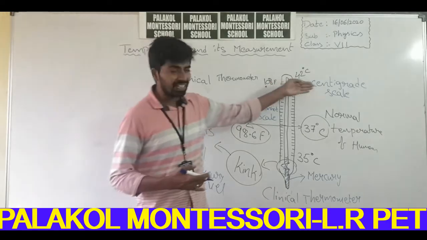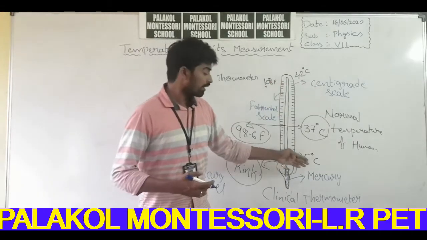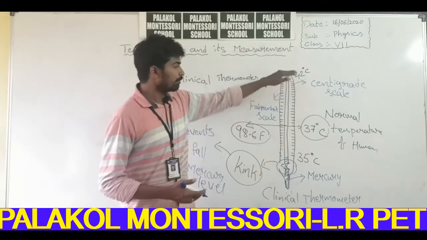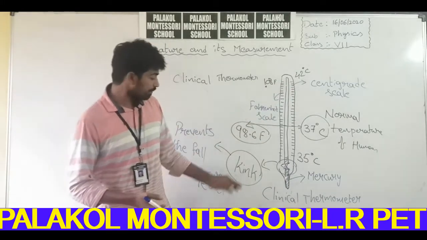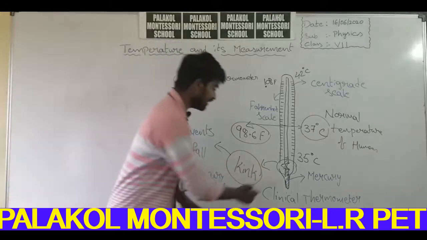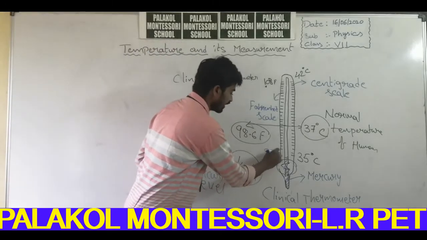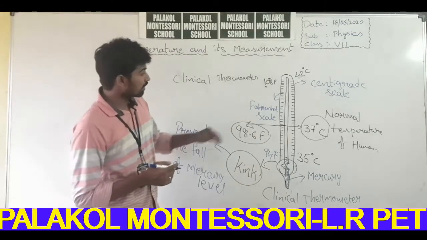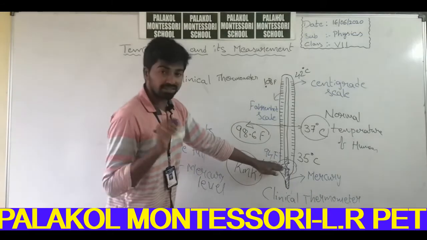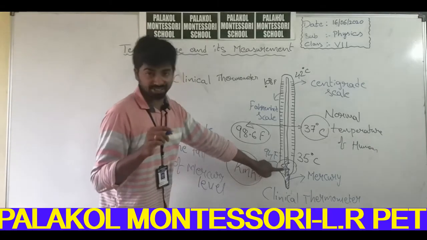On the centigrade scale, the reading goes from 35 to 42 degrees centigrade. On the Fahrenheit scale, the reading goes from 94 to 108 Fahrenheit.